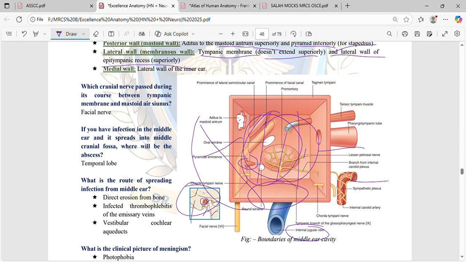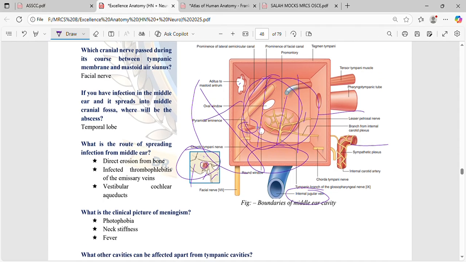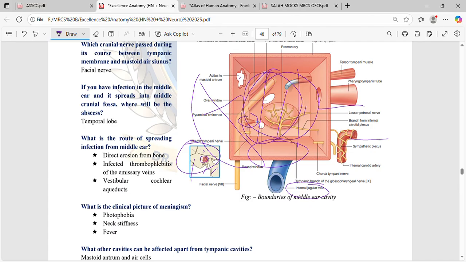Which cranial nerve passes during its course between the tympanic membrane and the mastoid air sinus? It's the facial nerve. If you have infection in the middle ear cavity that spreads into the middle cranial fossa, where will the abscess be? It will be in the temporal lobe, an otogenic abscess.